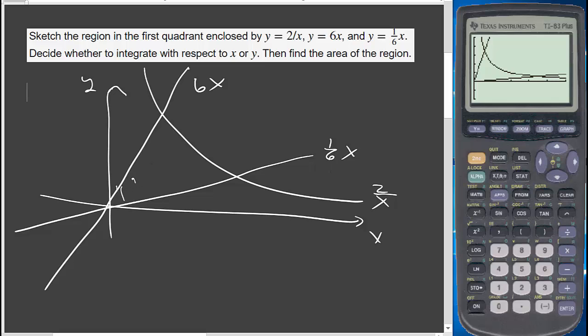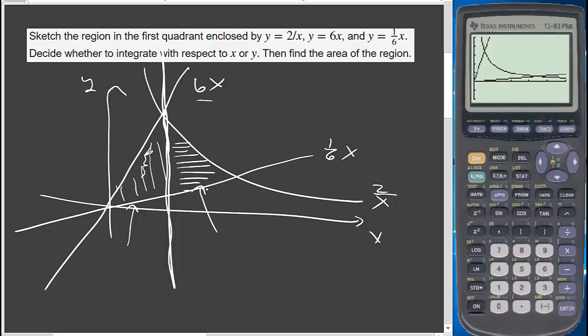And what we think here is that if we do this with respect to x, when we get to this line here, the top function changes from being 6x to 2 over x. So on the left here, this part of the region, we have the 6x as the top function and the 1/6 x as the bottom function.